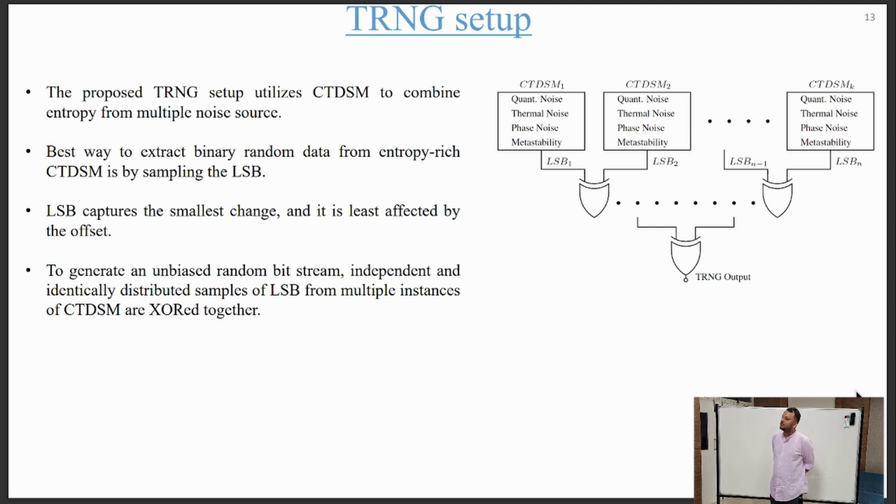For generating an unbiased random bit stream, which is IID, samples of multiple instances of CTDSM are XORed together. LSBs are selected because even if some bias is present, the whole distribution of noise will move up and down around the threshold, but it won't change the distribution itself. So the actual randomness will be intact.